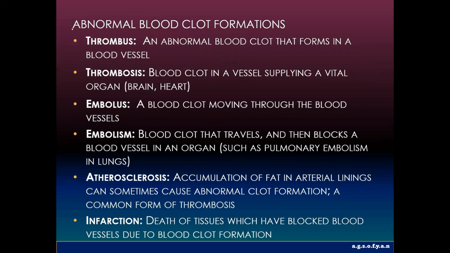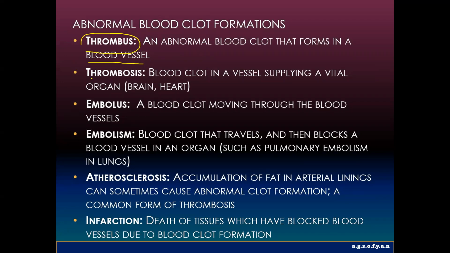Now, sometimes there is an abnormality in blood clotting. There are several names or conditions for this, for example, thrombus. This is an abnormal blood clot that forms in the blood vessel. This is the general name for abnormal blood clot in a blood vessel.